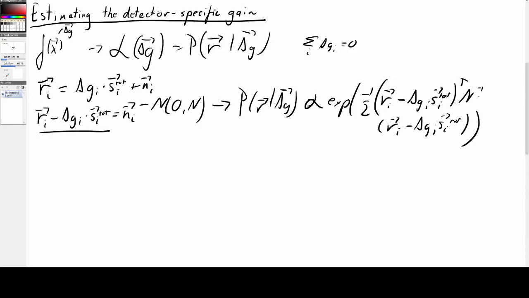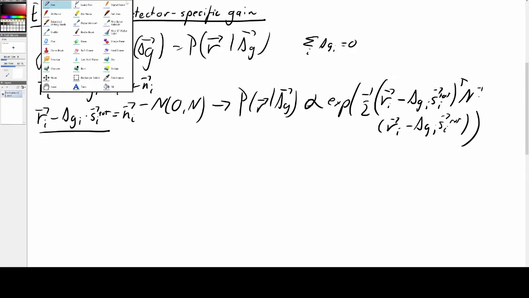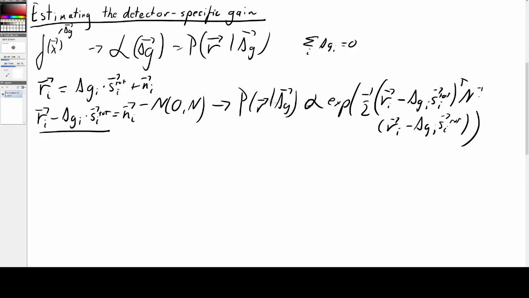But what we need to keep in mind is that this equation is true for all the detectors, but since they are independent, we can write the total likelihood as a product over i. So again, it's proportional to this, which means that when we multiply several exponentials together, this becomes a sum over i inside of the exponential.